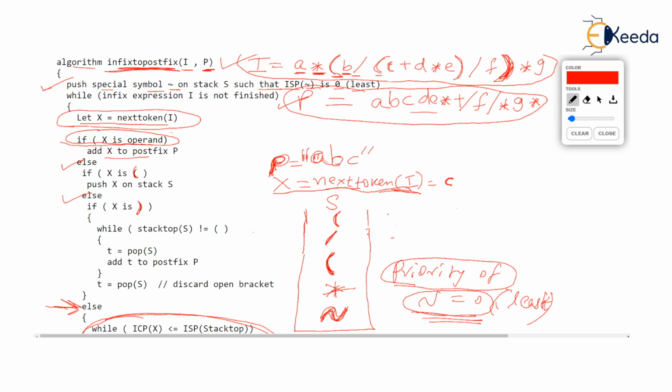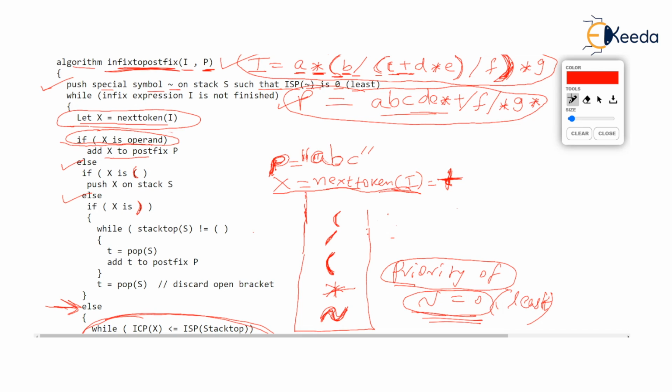Okay, what's the next token now? After C, we have plus. Now plus, I'm overwriting this. Plus is an operator. Then plus must go on the stack, isn't it? I'll just make some room here. Plus is an operator, so plus must go on the stack. But what is the rule? If you want to put plus on the stack, check the topmost symbol of the stack.